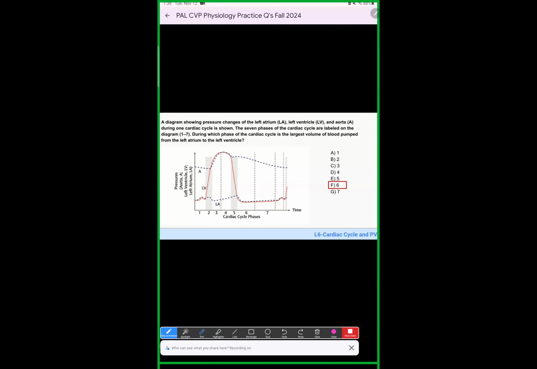We get into phase 4, which is the slow ejection phase, where there's a small amount of blood remaining in the ventricle that's being ejected into the aorta. So essentially in phases 3 and 4, you're basically ejecting the blood into the aorta, and there is less volume in the ventricles.